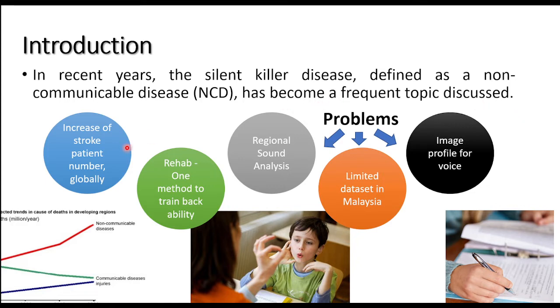If you take a look at the graph on the bottom left, we can see the rising of non-communicable disease cases from approximately 10 years back to 2020 was drastically up compared to the communicable diseases and injuries. For this reason, rehab is one of the methods to train back the ability that has been taken away or lost by one of the silent killer diseases, what we call stroke.